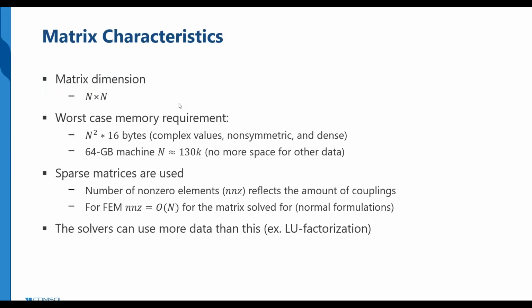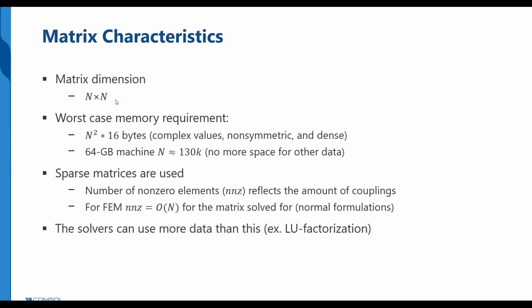First of all, we need to understand something about matrices. Matrices coming from the finite element method are sparse, as we say, but the worst case scenario is that they fill up for different reasons. So the matrix dimension is n by n, where n is the number of degrees of freedom.